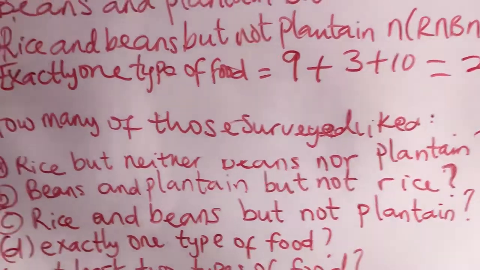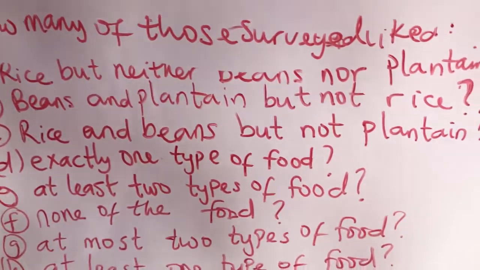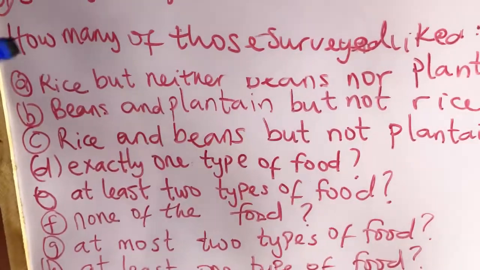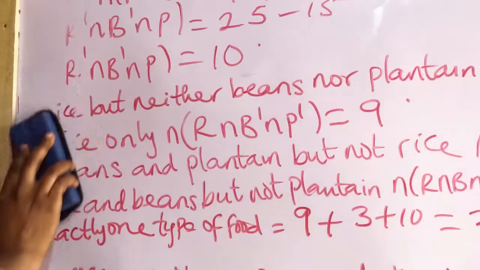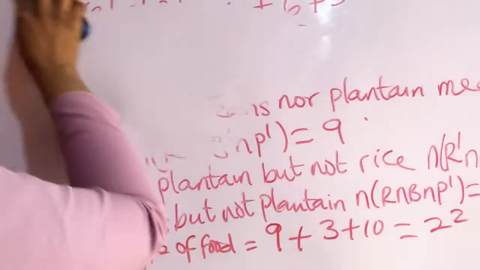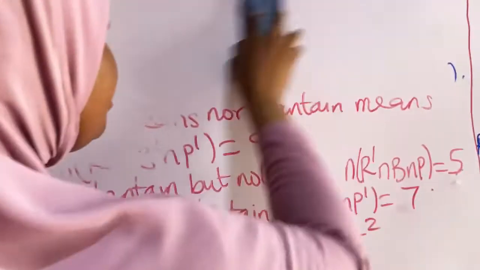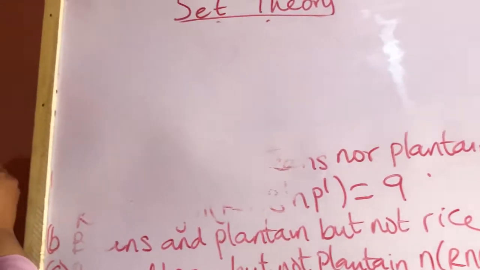So let's do it here. At least 2 types of food. What is the meaning of at least? At least means greater than or equal to.